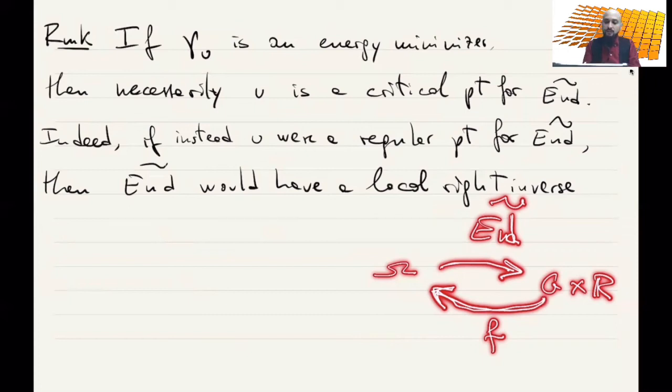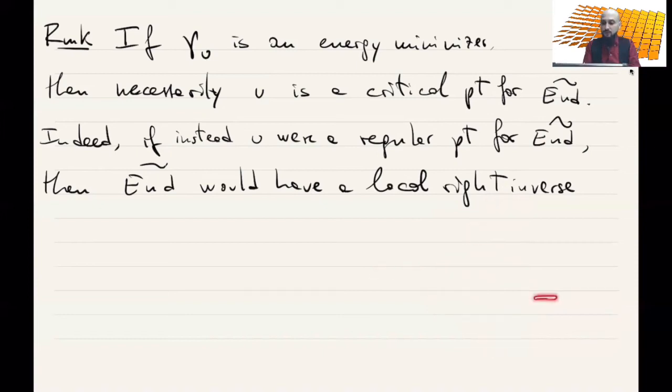But in particular, you can find, in the neighborhood of the image of U, points arbitrarily close to the image of U. In particular, you can find points with the same first coordinate G and with less energy.